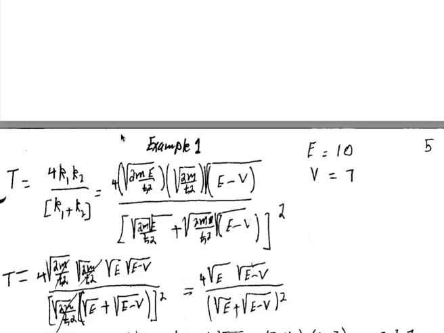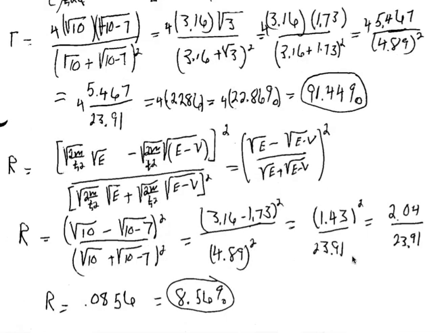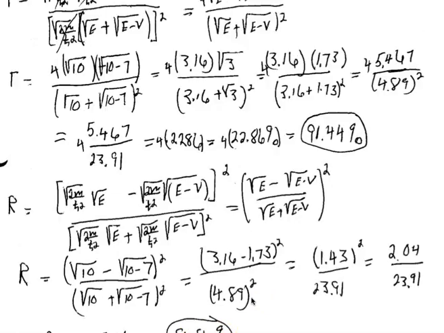Now I look at a case as an example. Suppose the particle comes in with energy 10 eV and the potential is 7 eV. What is the transmission coefficient? I go through and I calculate 91.44% is the probability that the particle is going to get through this potential. But there is a small amount, 8.56% probability, that the wave is going to get reflected by this potential.